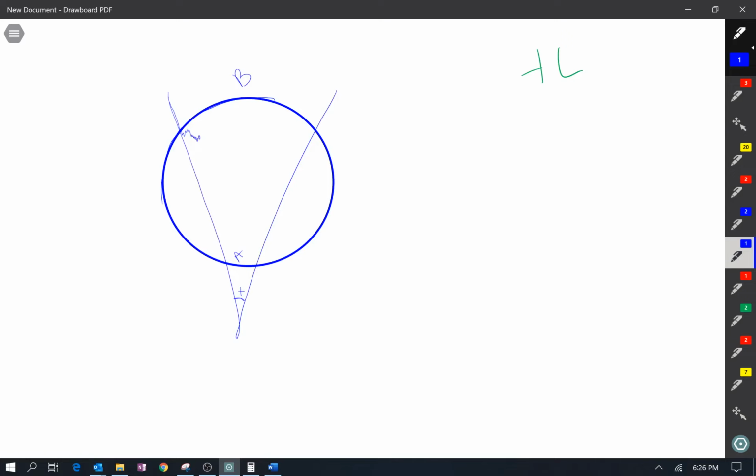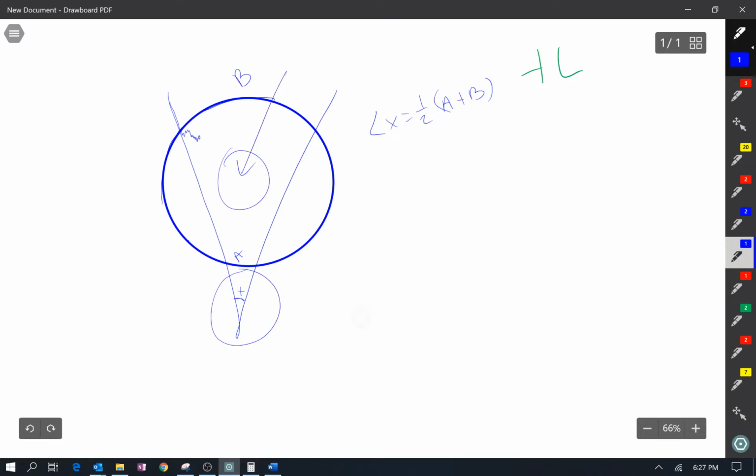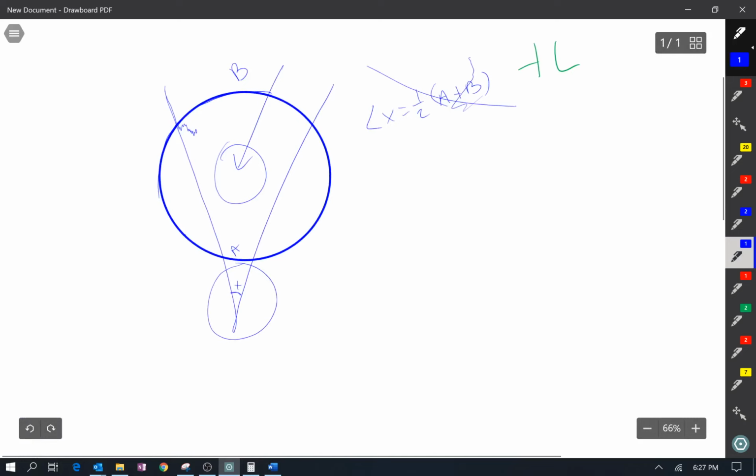Now, before, remember, the angle x was equal to half of the sum. That was for when it was crossing inside, but now it's going to be outside, right? Angle x is not inside here somewhere. It's outside. When this happens, this is not true.